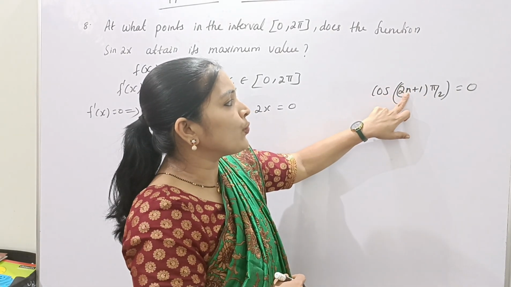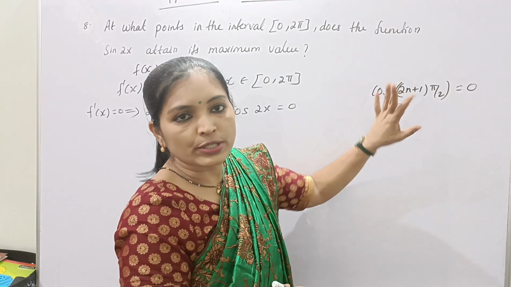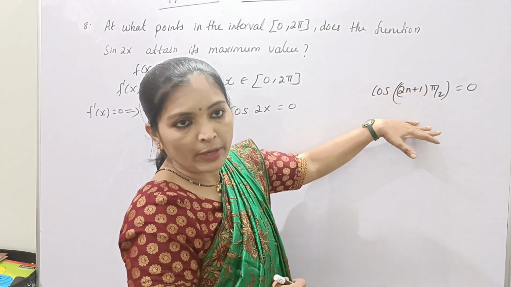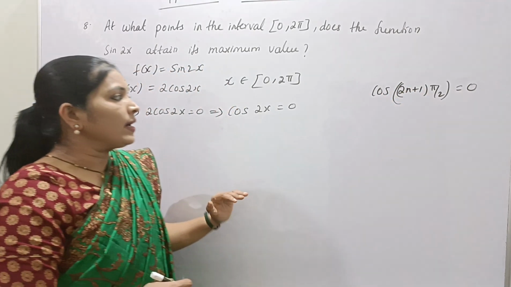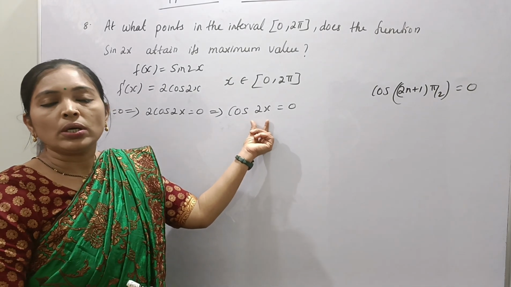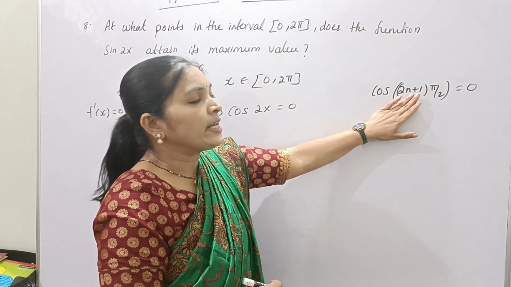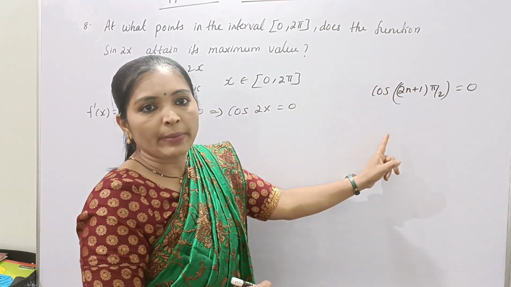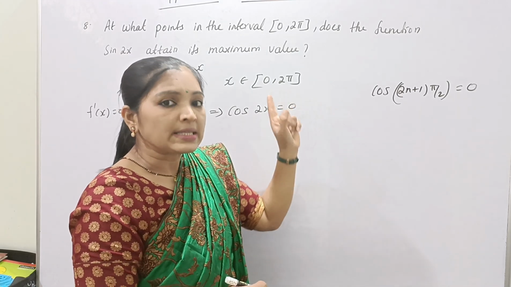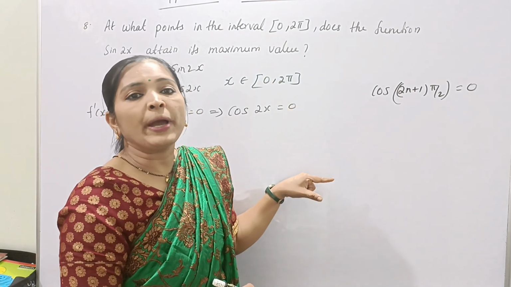When n is equal to 1, cos 3 pi by 2 is 0. Cos 5 pi by 2 is 0. So here 2x is equal to pi by 2, 3 pi by 2, 5 pi by 2, 7 pi by 2, then 9 pi by 2.